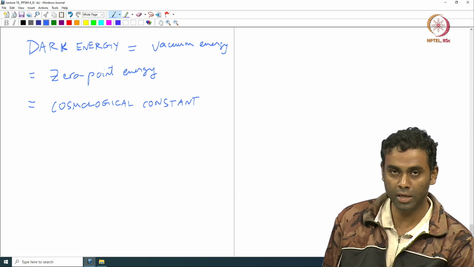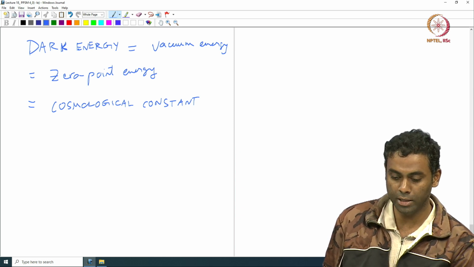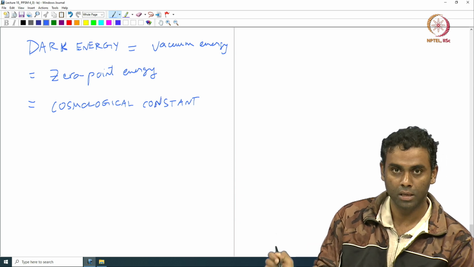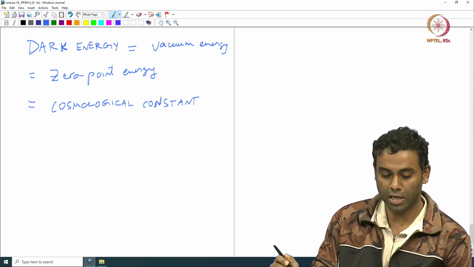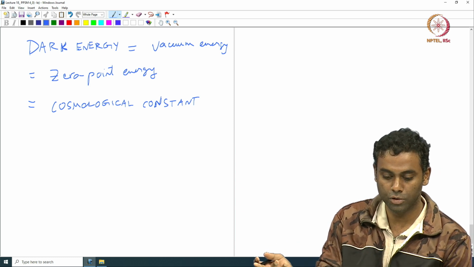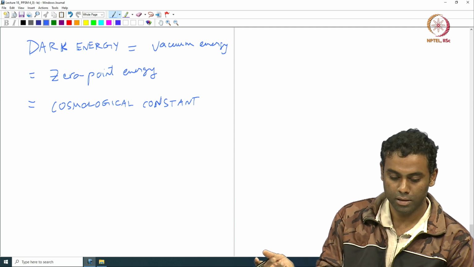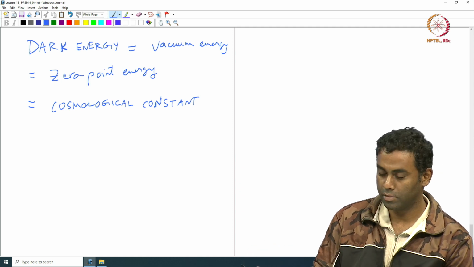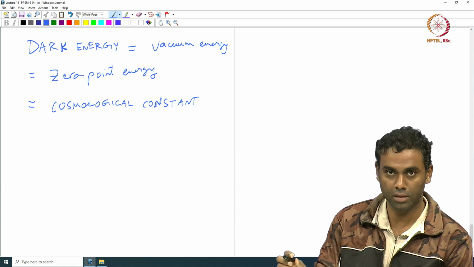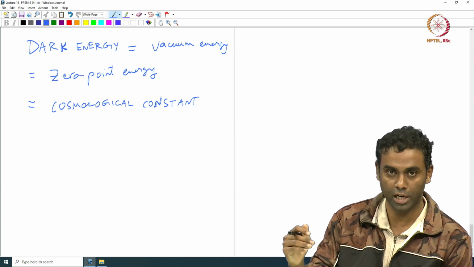This is a word introduced by Albert Einstein, right? That in his equations he could not help writing down a constant that satisfied all the symmetries in the problem. So it was compulsory for him to write it down, correct? And that is what we have also done here. Now we have done it from the point of view of field theory, he did it from the point of view of GR, and these two have a very important relationship that we will see soon.